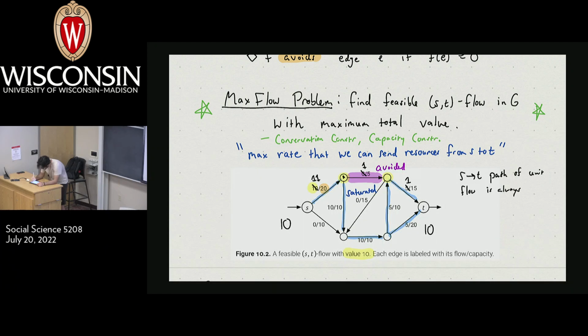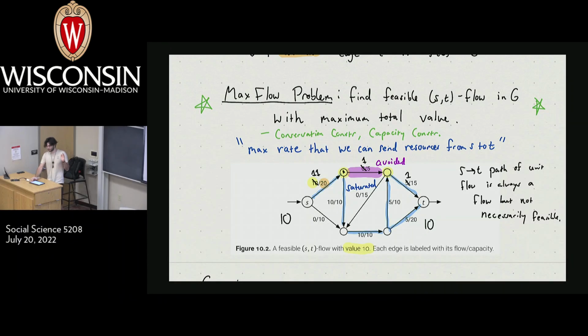It satisfies conservation, but not necessarily feasible. Make sense? When we send a path, the amount going in and out is maintained. So it's a flow.